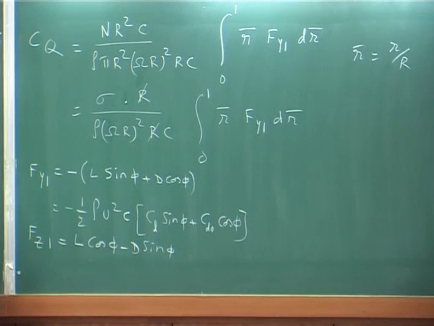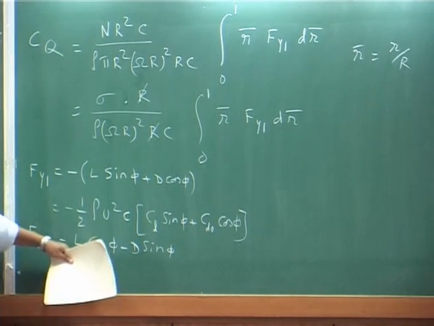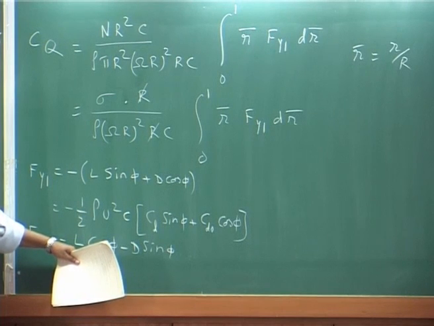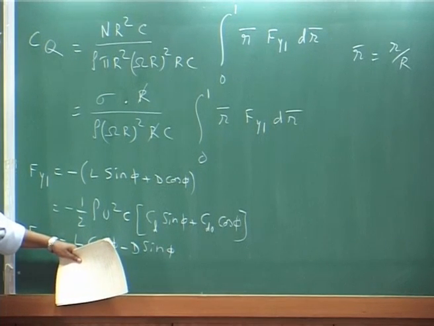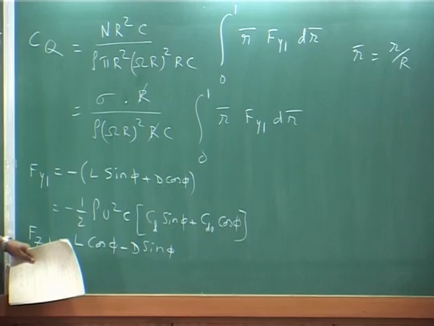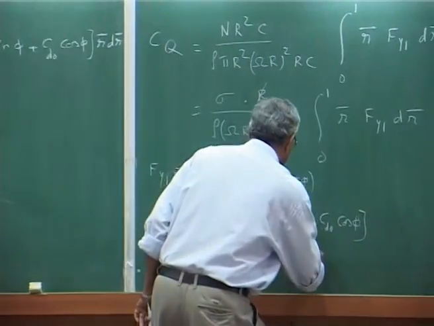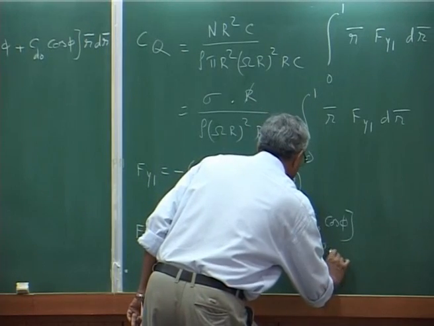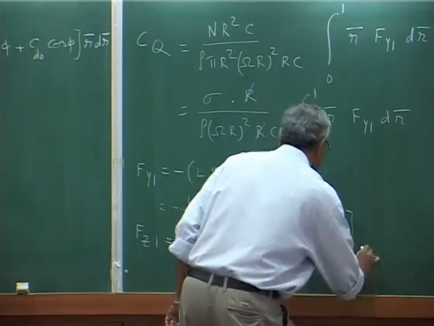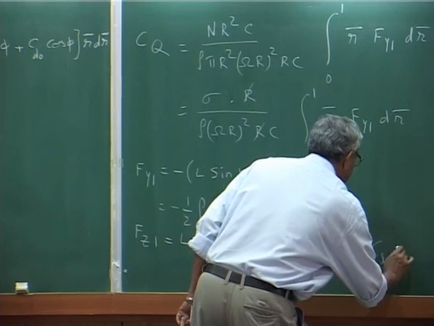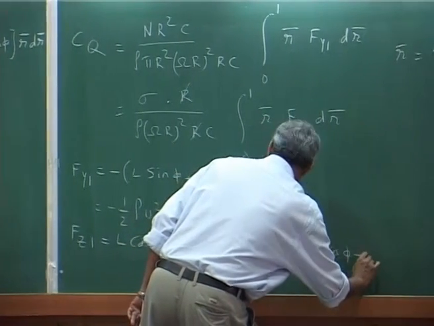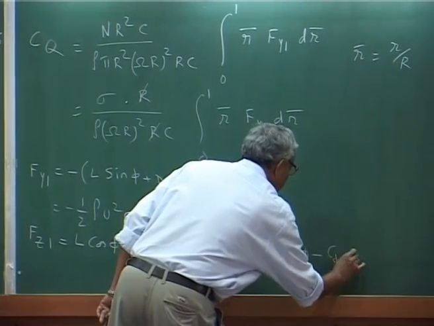You are going to replace the L by f z 1. In other words, you substitute here that half rho u square C, this will be C L cosine phi minus C d 0 sin phi.